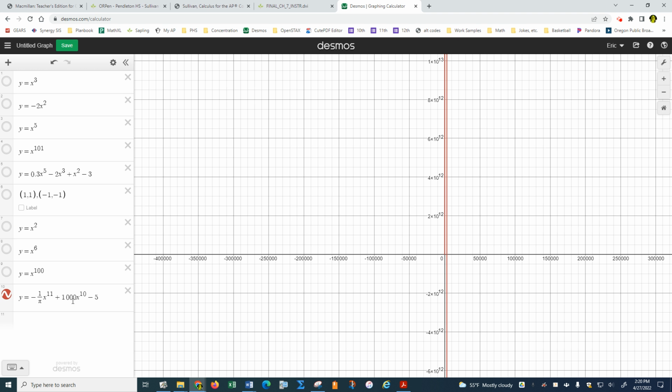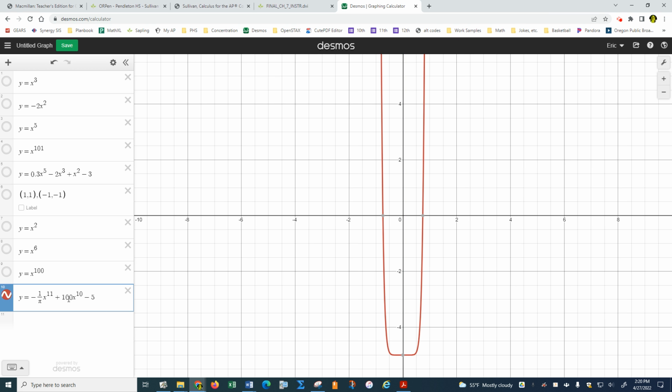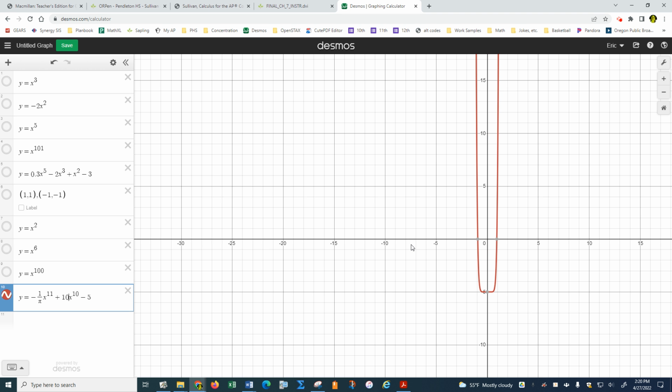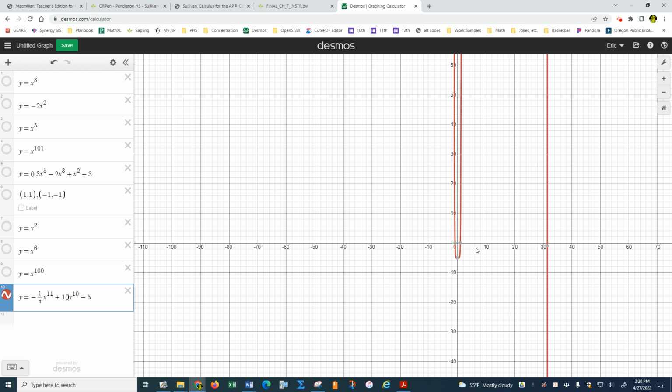Here, let me make this coefficient a little bit smaller. That was too ridiculous. How about if I do something like that? Or even something like that. There. Now you can see the end behavior like we expected.